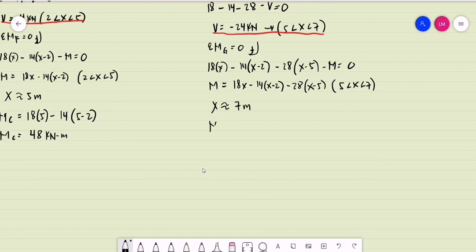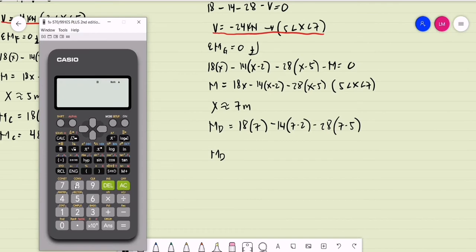Let's say the moment at D is equal to 18 multiplied by 7, minus 14 multiplied by the quantity 7 minus 2, minus 28 multiplied by the quantity 7 minus 5. What will be the magnitude of this moment at point D?